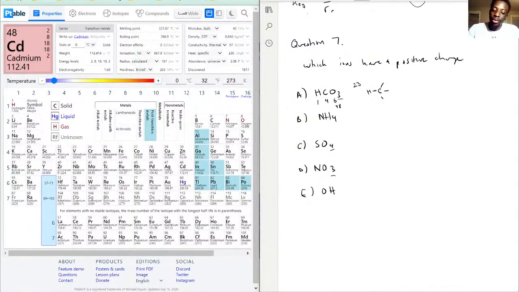Remember that each bond counts as 2, and we only want to fill in as much as we can. So in this case, we have 8 right now, 9, 10, 11, 12, 13, 14, 15, 16, 17, 18, 19, 20, 21, 22, 23. And now we notice that won't work.